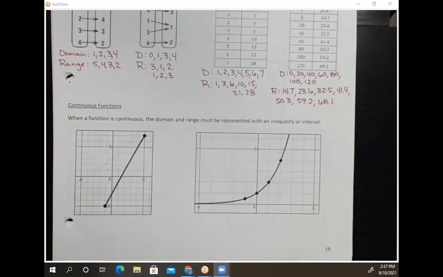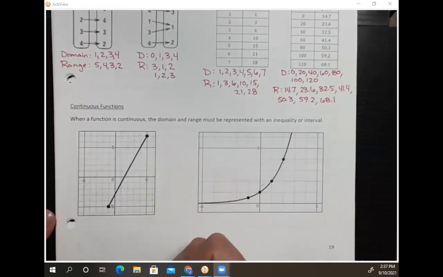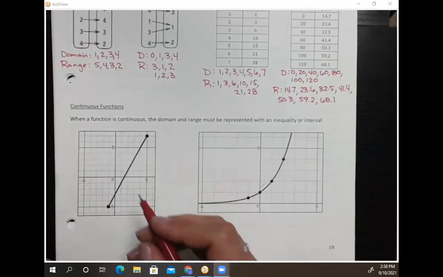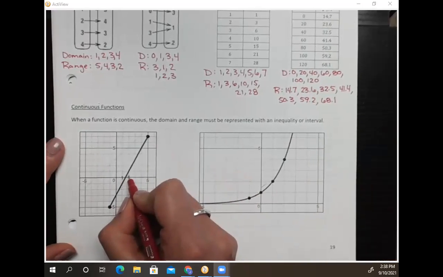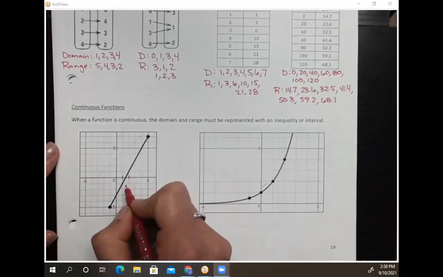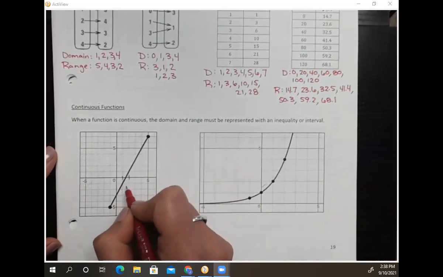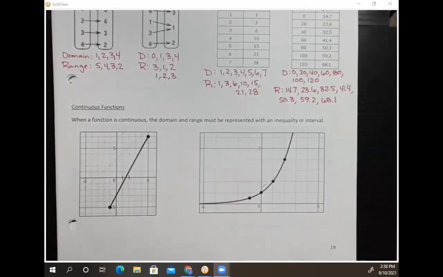So when we describe the domain and range for something like this, something that's continuous, we have to take a little bit different approach. If I were going to list just the values between 1 and 2 for this function, if I were just going to list that part of the domain, remember that because it's continuous, that means that everything in between 1 and 2 is fair game, is part of my set of values here.